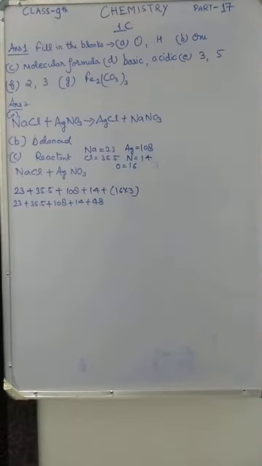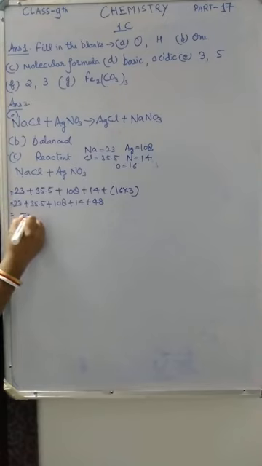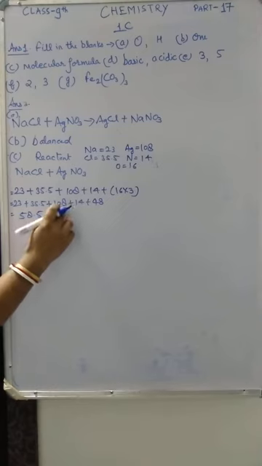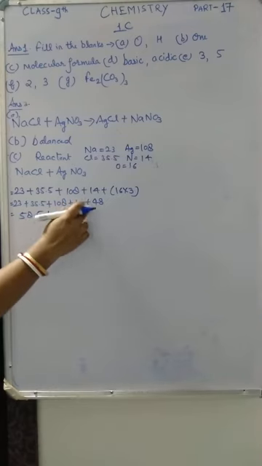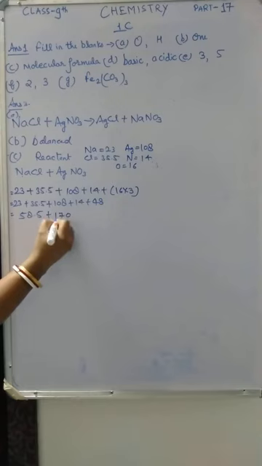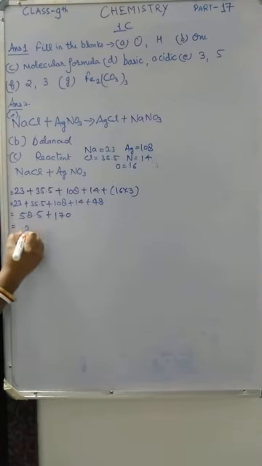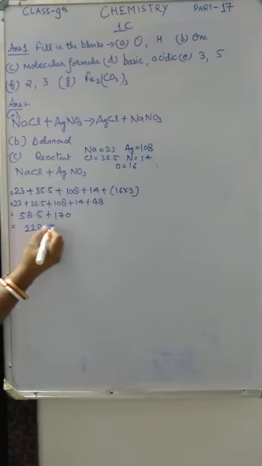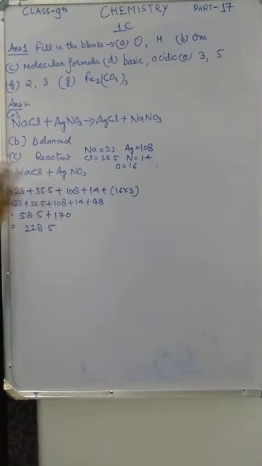Just add it. 23 plus 35.5 you will get 58.5, plus 108 plus 14 plus 48. If you add it, you will get 228.5. This is the weight of the reactant side.